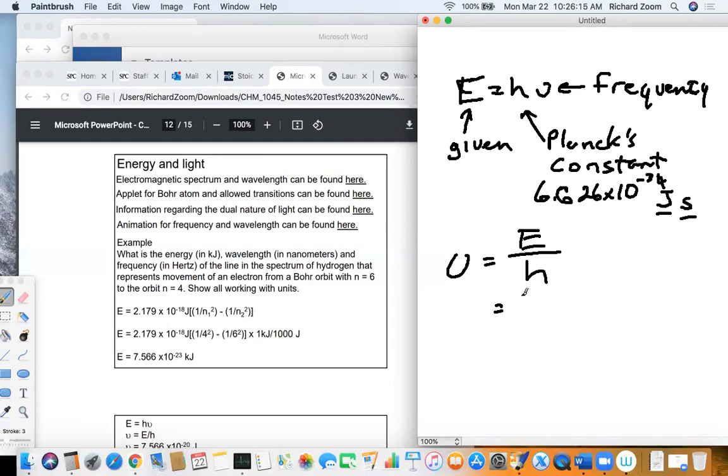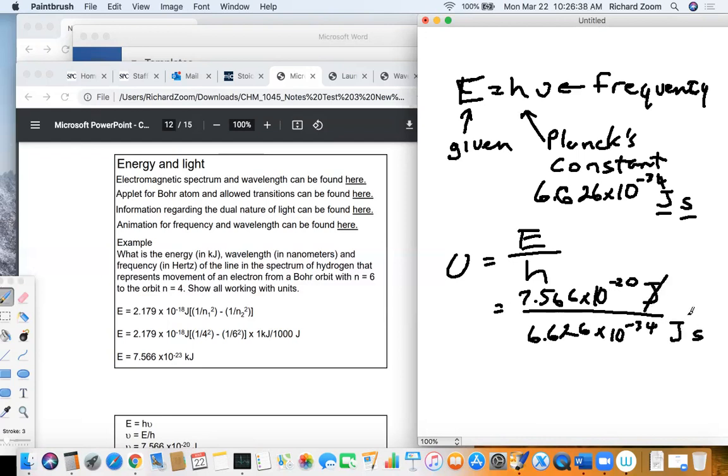Now the E is what we just calculated, 7.566 times 10 to the negative 20 joules. Now I know we've got kilojoules down here, but look at what h is. And this is why I advocate using units a lot, is in joule seconds.